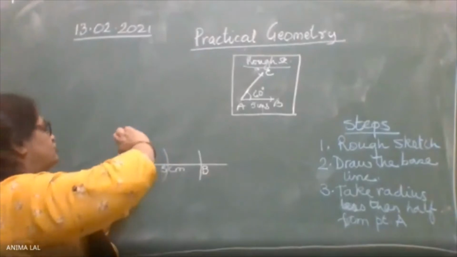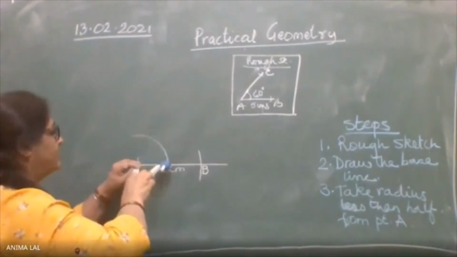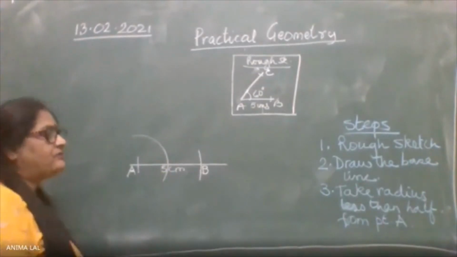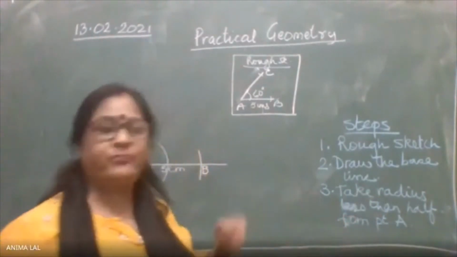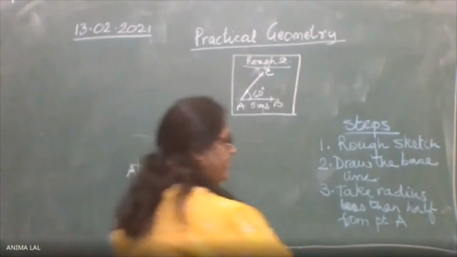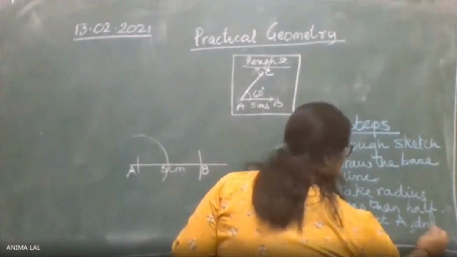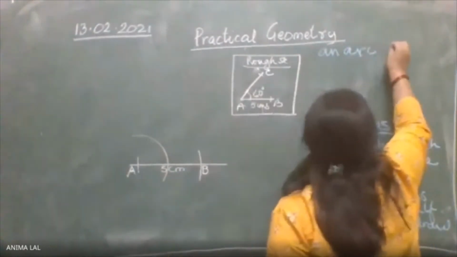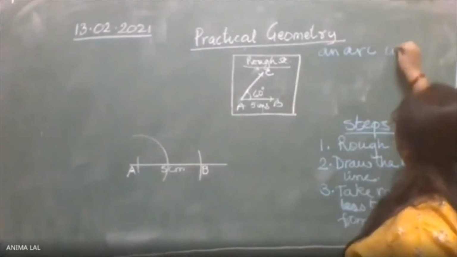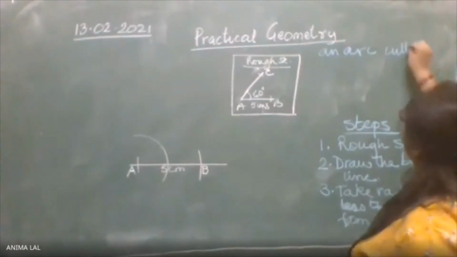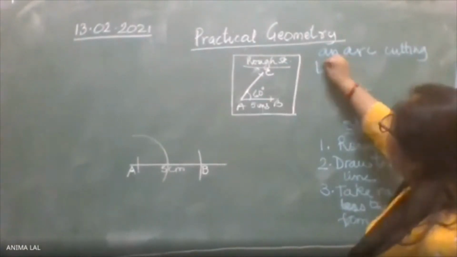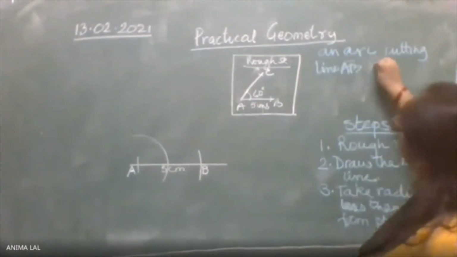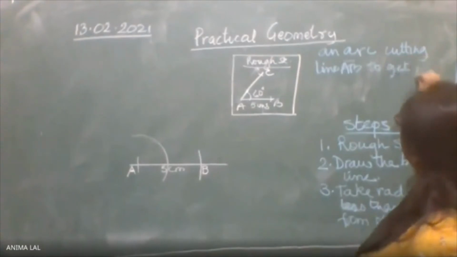Draw a big arc this way. Okay. So from A, we took a radius less than half from point A and draw an arc cutting line AB to get point 1.